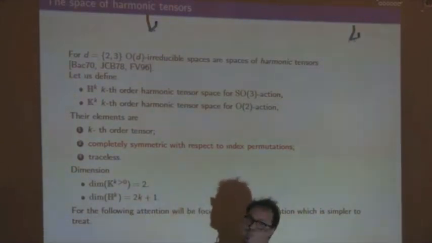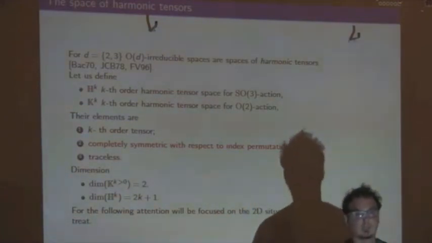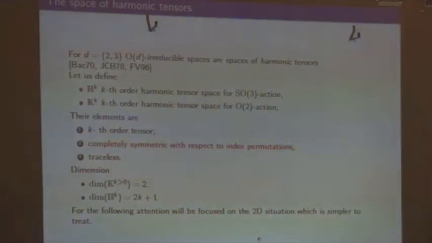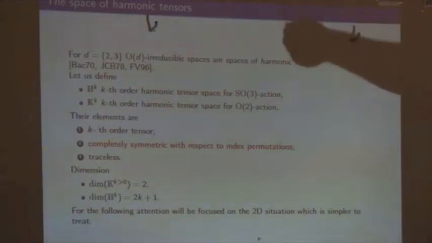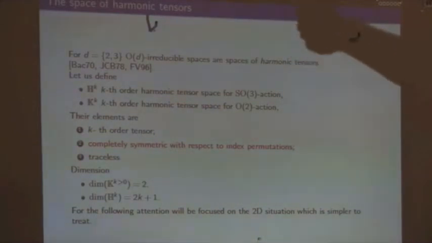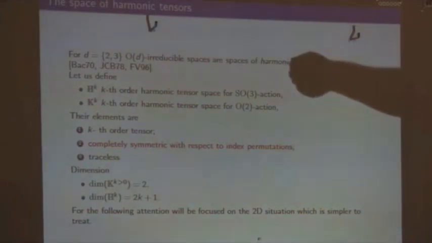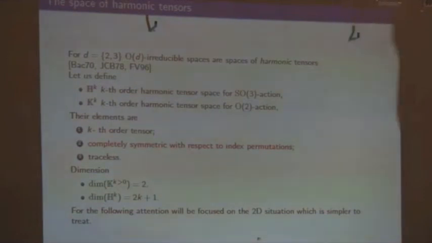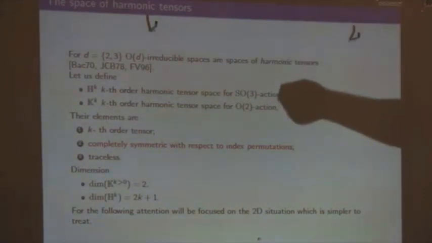and here 2k plus 1 is the dimension of harmonic polynomials. Yeah, I have a question. How do you define the trace of a first-order tensor? Okay. Trace for me is an action that takes one tensor of order n and produces a tensor of order n minus 2. So traces are uniquely defined only for second-order tensors and for totally symmetric tensors.